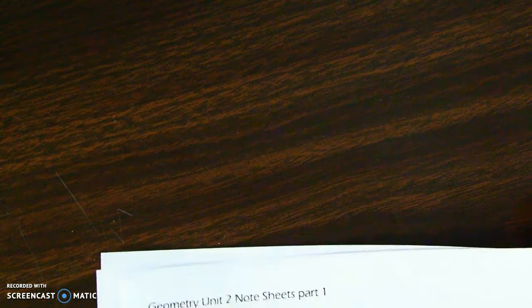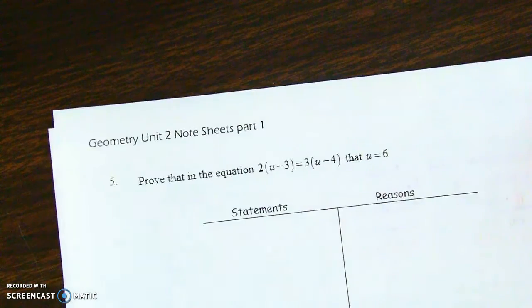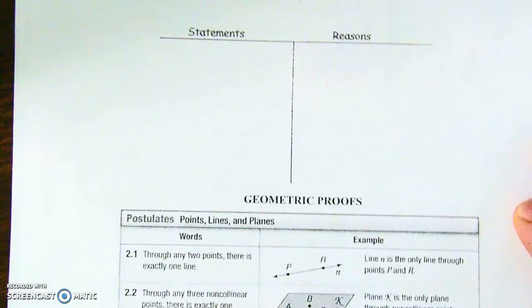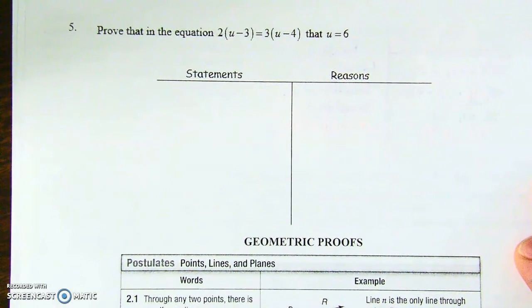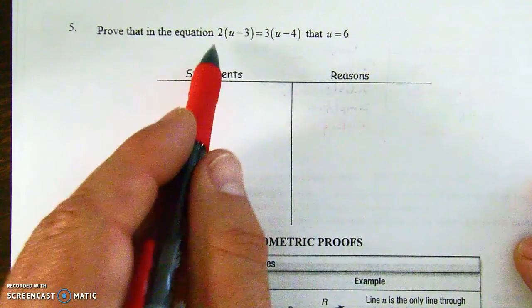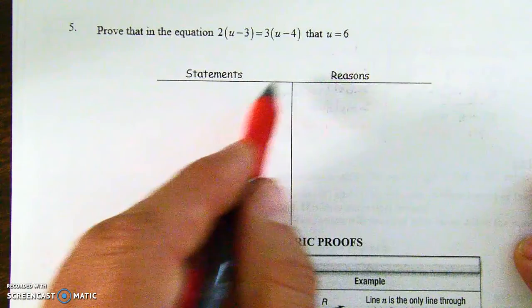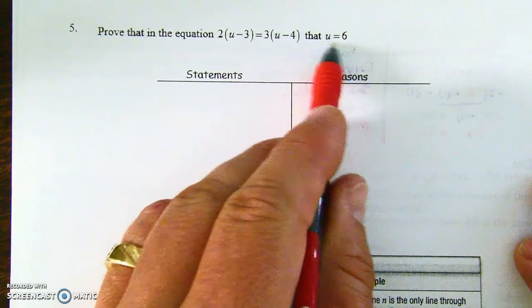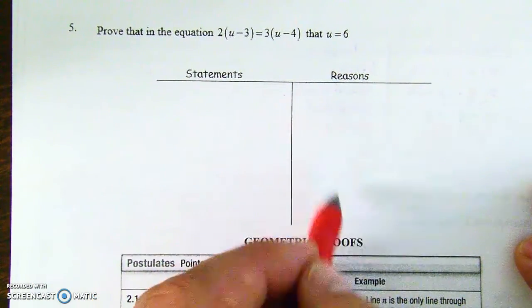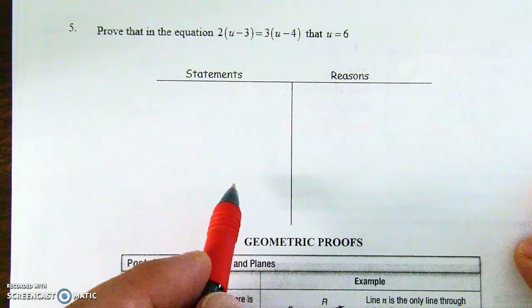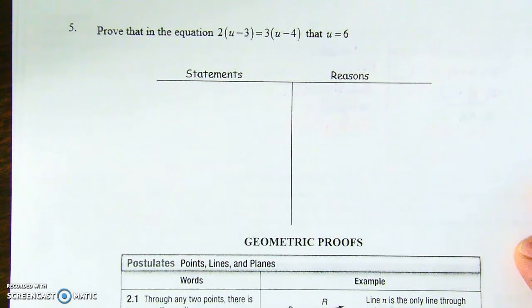Let's go ahead and go to the next page, and I'm assuming we're going to look at this one as well. It says to prove. So I want you to do that one on your own as well. So again, write the equation in here and find out that we want the final answer, we want u to equal 6. Therefore, give our reasons and find out if that's actually true or not, and go from there.